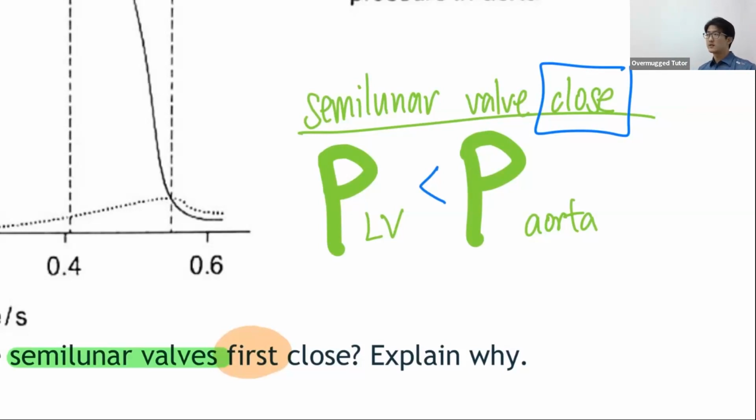A, B, C, or D? When do the graphs first show me that this happens? That LV pressure is first suddenly switched to become below aortic pressure.